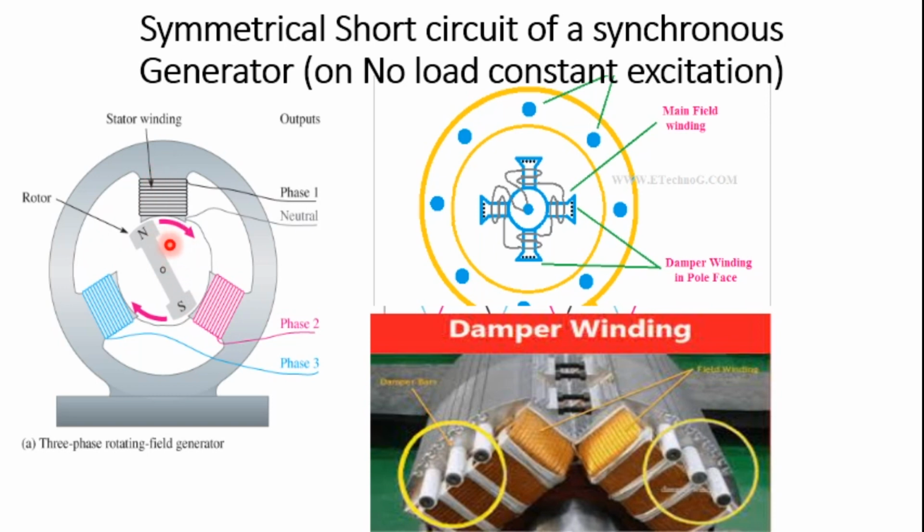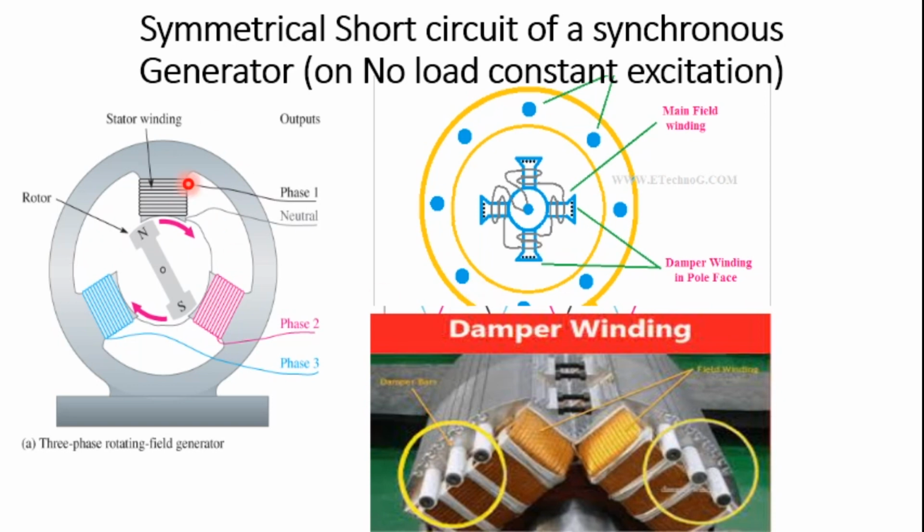Resulting in the magnetic field not inducing any voltages or currents in the field and the damper windings. This is what happens during normal operating conditions, so the effective reactance of the armature winding is not influenced by the field and damper windings.